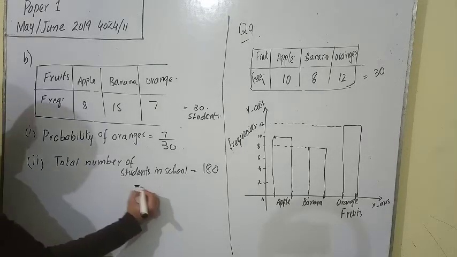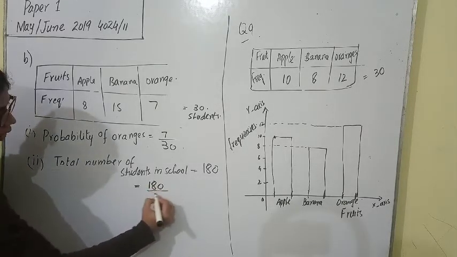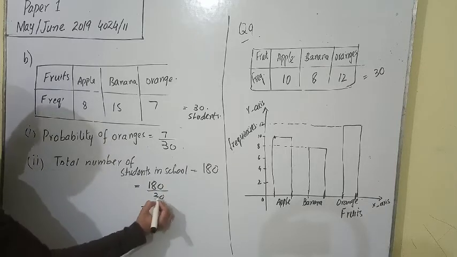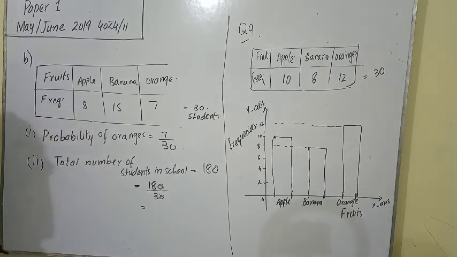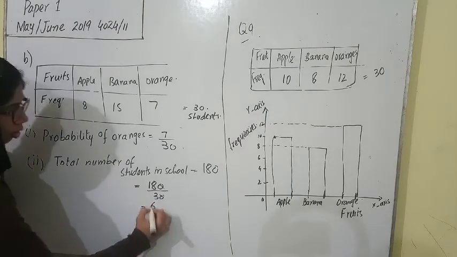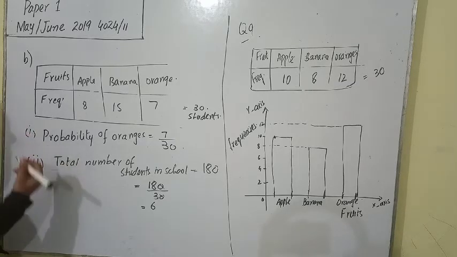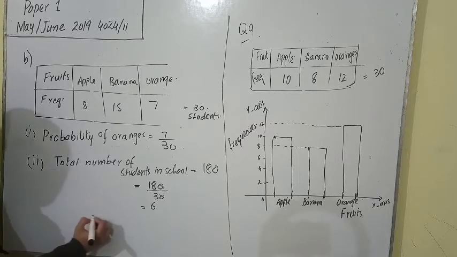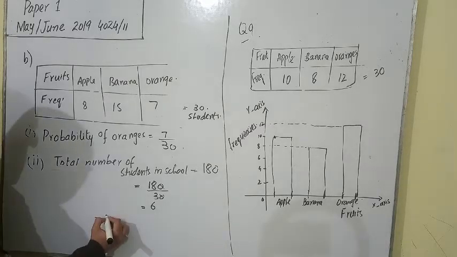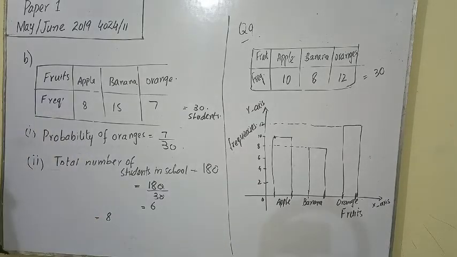So what we will do is 180 divided by 30. So 0 is cancelled with 0, and 3 sixes are 18, so the result is 6. You can see that the frequency for apple is 8, and 8 is to be multiplied by 6.